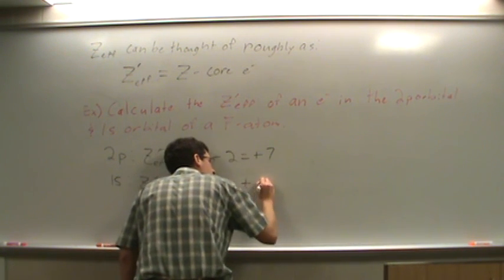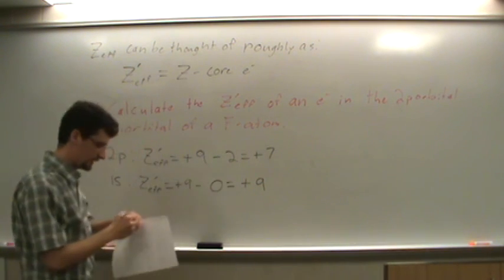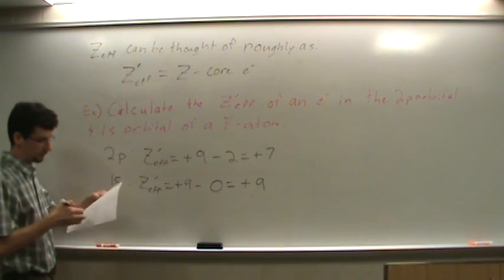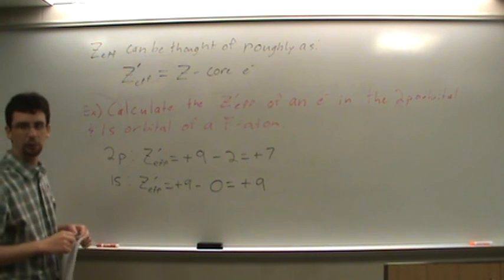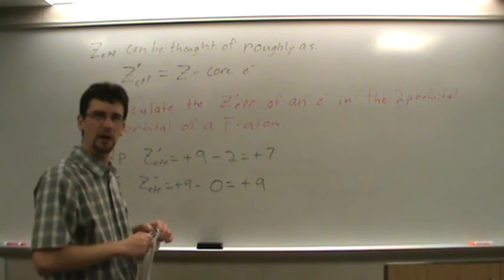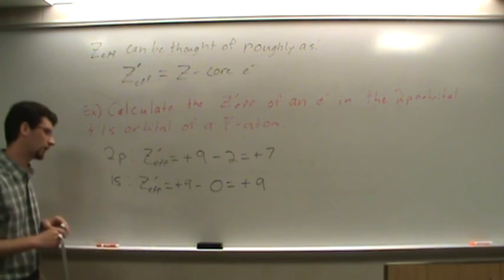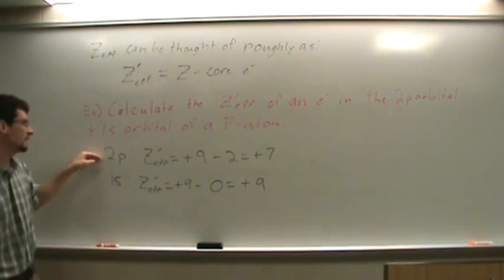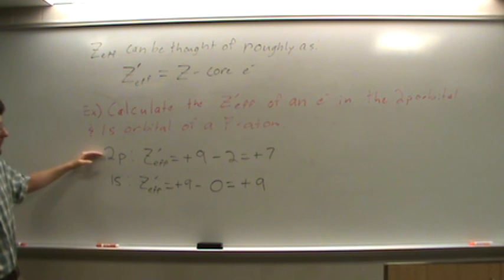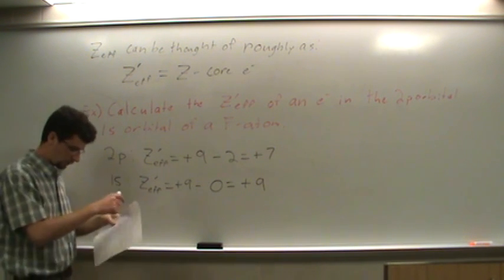So that means we have a +9 approximate Z effective, which is fairly close. We have 8.650 for our Z effective for the 1s, so if we round up, it works out pretty well. But what you can see is the effective nuclear charge for the 2p is greater than that for the 1s.